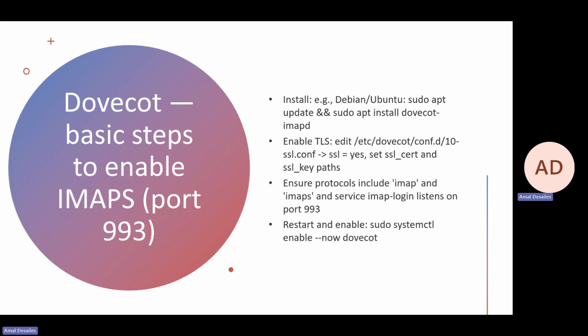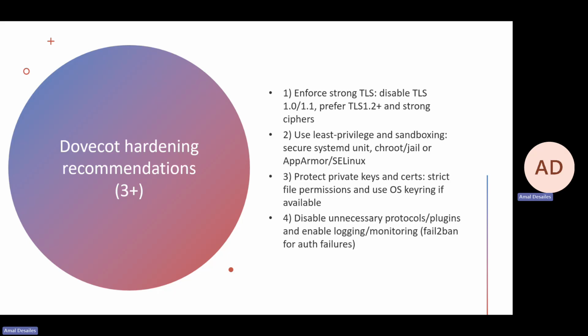All right, so Dovecot hardening. When it comes to security, we will apply these recommendations. Enforce strong TLS versions and ciphers, and disable TLS 1.0 and 1.1. Use least privilege: Dovecot should run sandboxed or with system protections like AppArmor.